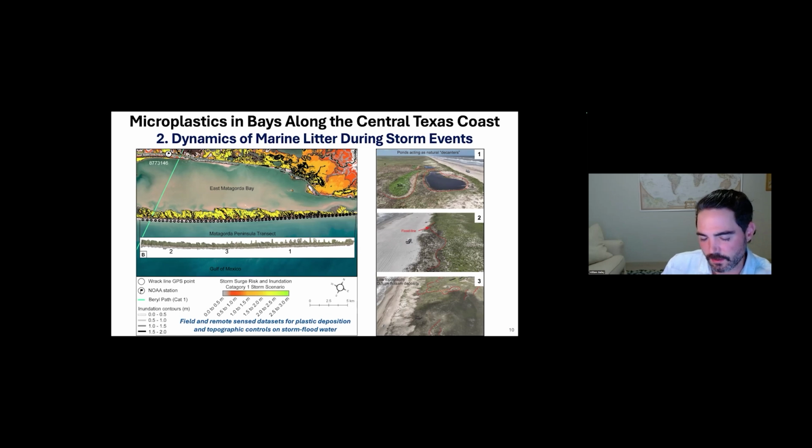And as these dead grasses accumulated, they seemed to form a sieve or a filter for everything else that was suspended in the water column and filter it out and form these very plastic-rich deposits when we had topography or vegetation. And conversely, when we didn't have preserved or pre-existing topography, these plastic-rich deposits were much more diffuse.